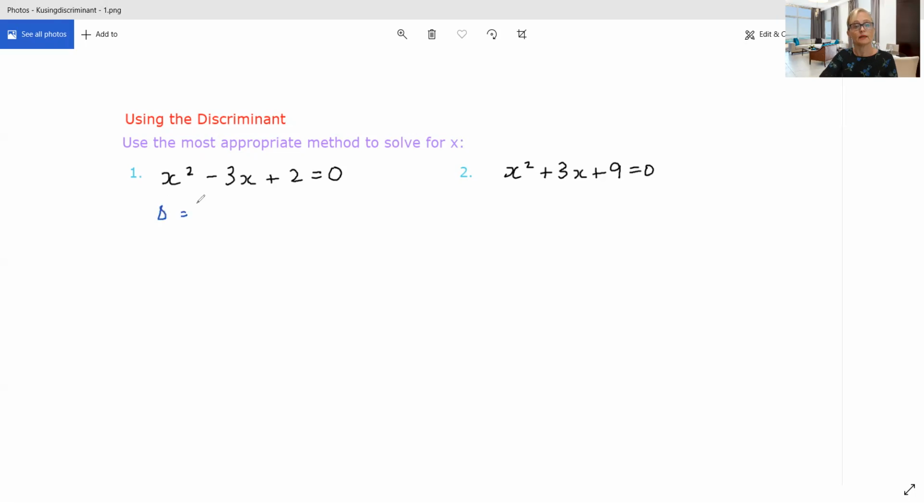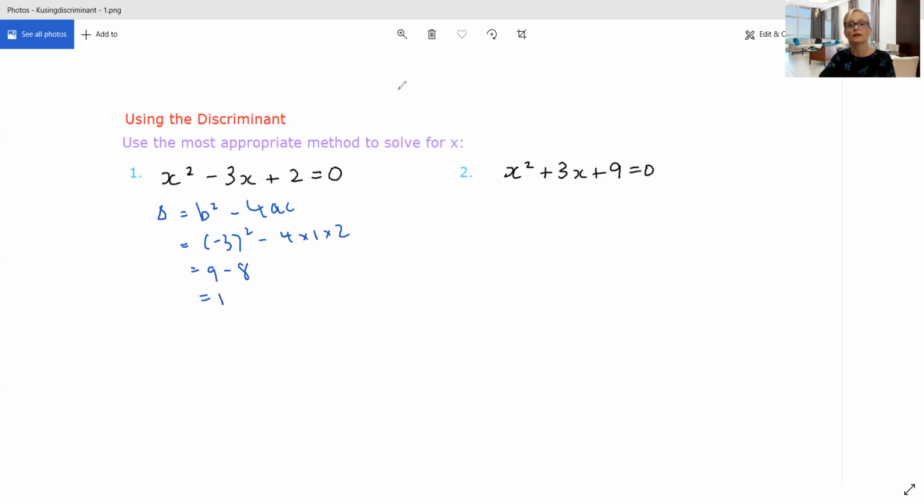It's b squared minus 4ac. So it's our negative 3 squared minus 4 times 1 times 2. So it's 9 minus 8, so it's 1. So your discriminant is a perfect square. That's proof that this can in fact be factorised.